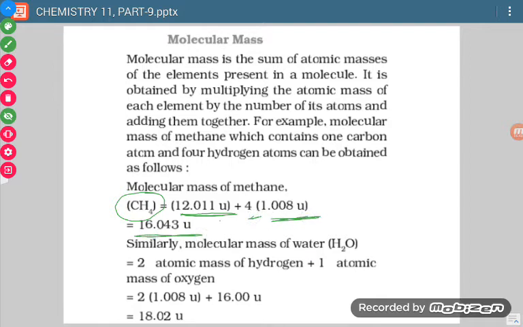This total comes out to be this, so we say the molecular mass of methane is this much. Here we have taken exact values, but we can take 12 for C and 1 for H. Similarly for H2O it comes out to be 18.02 unified mass. Now we can take it as 18 only.